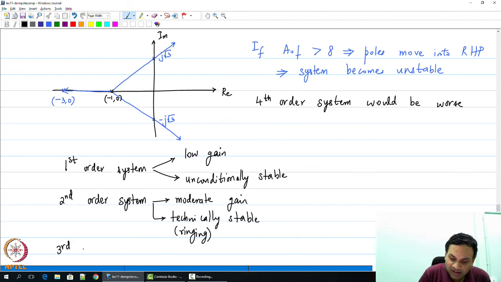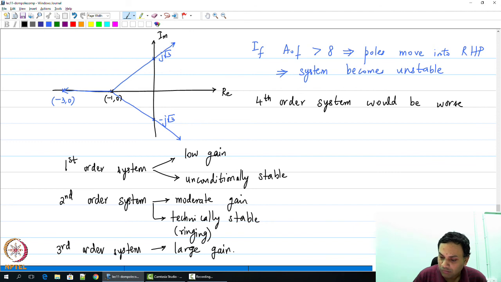And the third order system can have large gain but is unstable for that large gain.